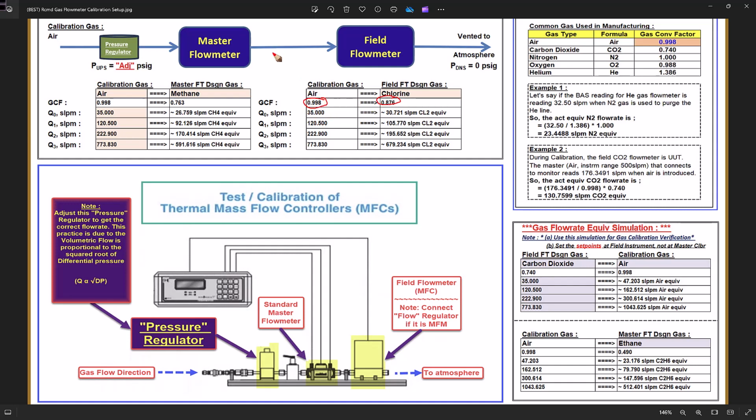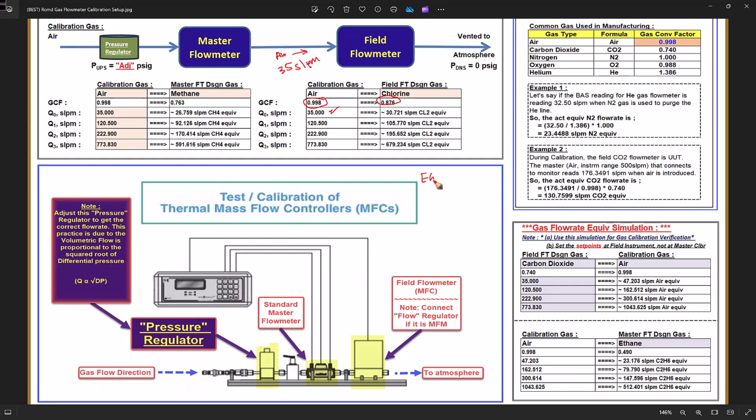If I introduce air into this pipeline, and this air standardized flow rate is, for example, 35 SLPM, meaning standard liter per minute. What is the equivalent chlorine flow rate that will be measured by the fuel flow meter? In order to find the chlorine gas flow rate, we need to know the gas conversion factor.